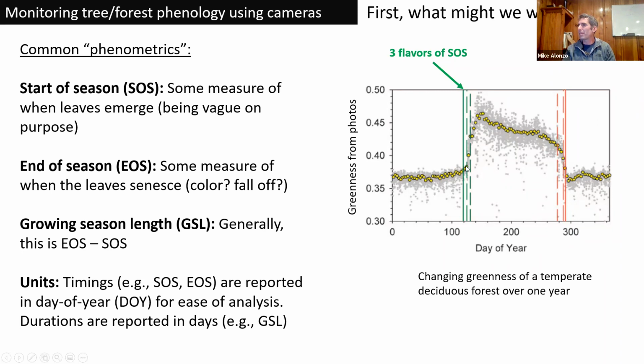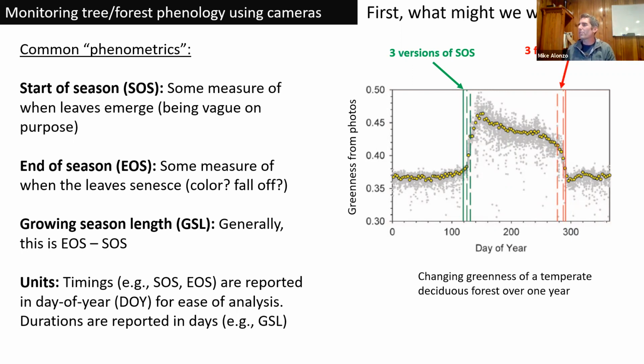For example, it could be when 15% of total leaf out happened, or it could be the steepest part of this greening up curve, a little bit of calculus there to measure that. Or it could be the maximum greenness. You just decide on a metric and then use it across the board consistently.